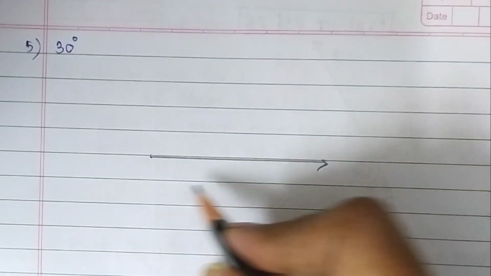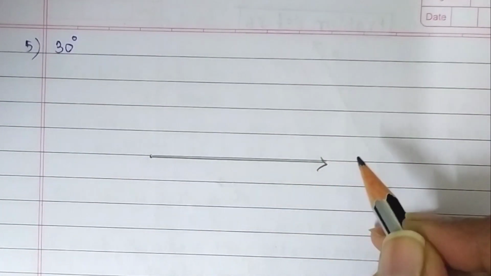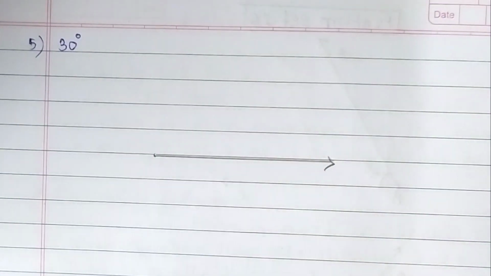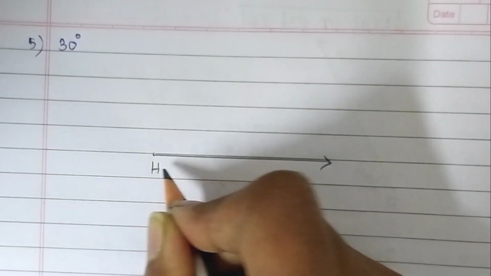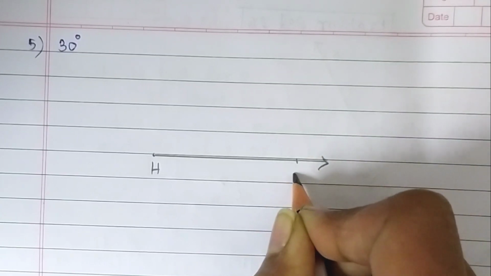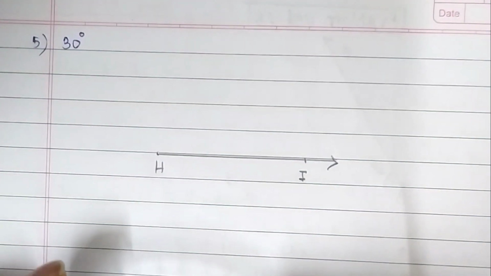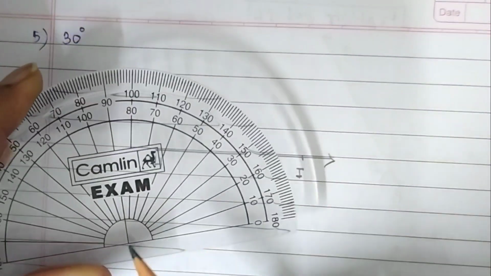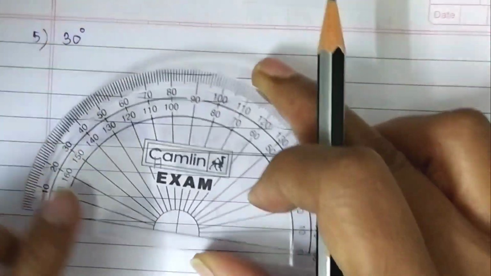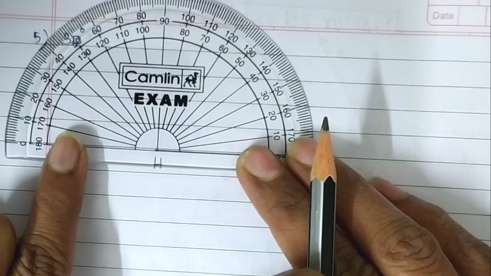Make here a point. This is our vertex now. Give it a name. Now put the center point of protractor to our vertex like this.